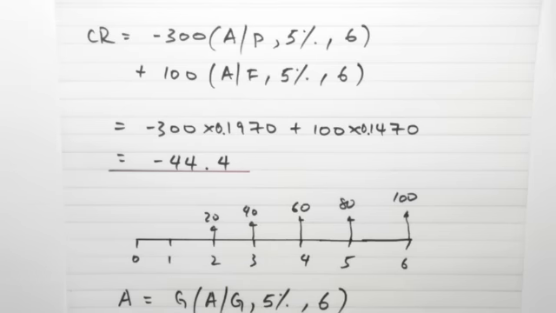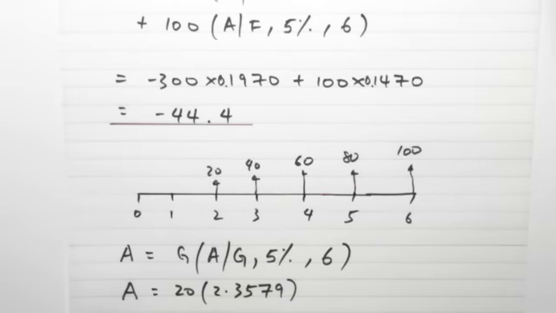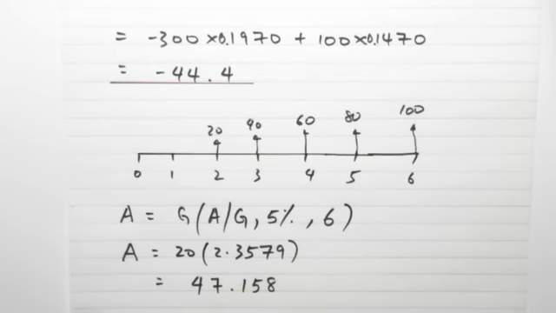So all we have to do is look at the column for annuity given arithmetic series, 5% and 6 years, and we find that factor to be 2.3579. We know our increment to be 20, so the arithmetic series as an annuity from year 1 to 6 is $47.58.